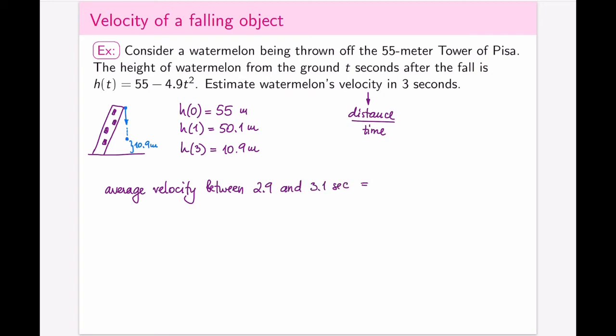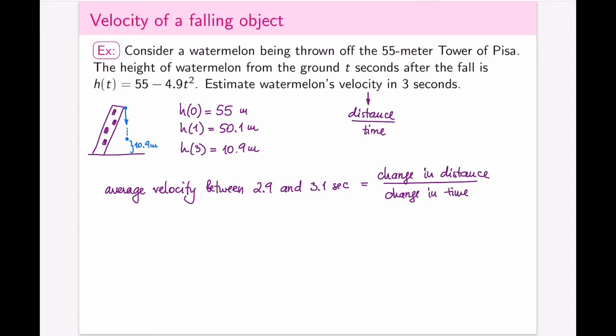The average is going to be the total distance traveled between those time points divided by the actual amount of time that came in between. Or alternatively, we can say it's the change in distance divided by the change in time between the 2 points I'm interested in.